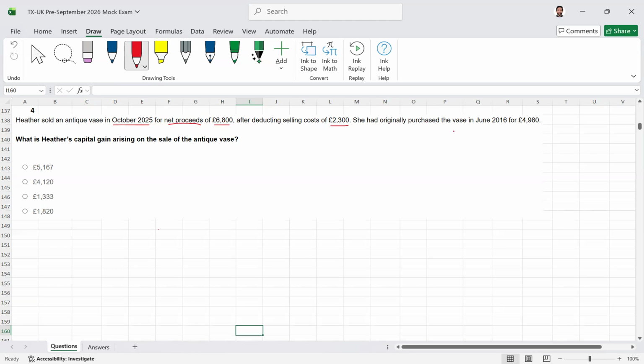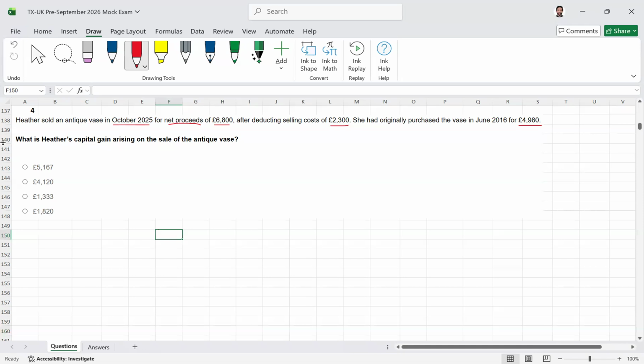She had originally purchased the vase in June 2016 for 4,980. Now this is less than 6,000 and the proceeds are more than 6,000. So in this case, we have to perform two calculations.